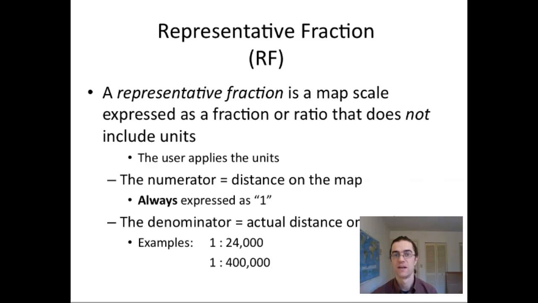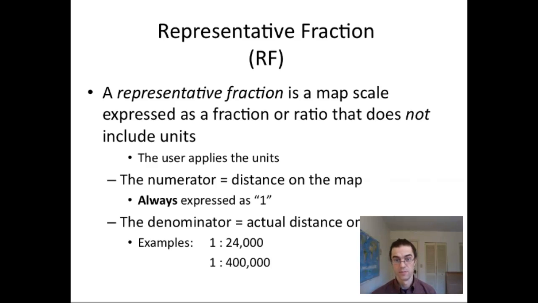This is a map scale expressed as a fraction or ratio that does not include units. The user applies the units, okay? So the numerator is the distance on the map, similar to the verbal scale. It's always expressed as 1, and then the denominator is the actual distance on the Earth. And so very similar to the verbal scale in this case, but without any units.